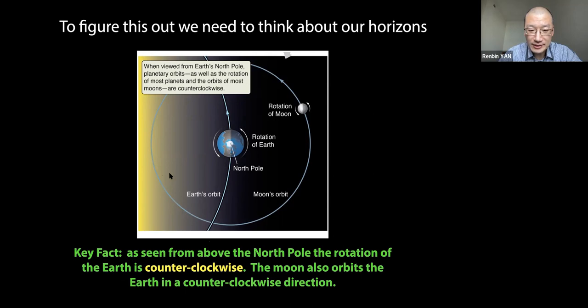The Moon goes around the Earth, and the Earth goes around the sun. In all of the pictures I'm showing, we are going to assume that we are looking down on Earth from above the North Pole, so that we know which direction is sunrise and which direction is sunset.